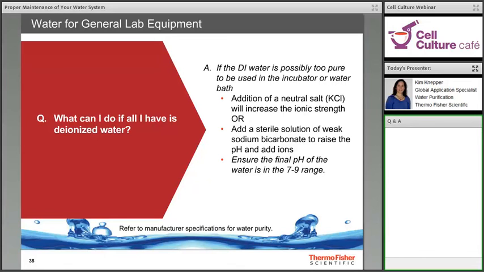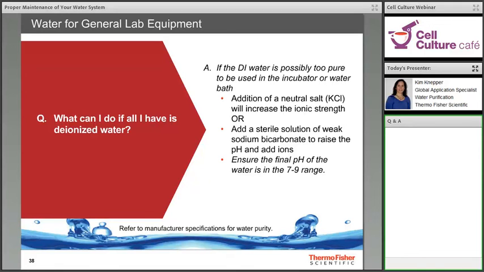But another better option would be to add a sterile solution of weak sodium bicarbonate to add ions in the water to decrease that aggressive nature of the pure water. And it will also bring the pH between 8 and 9, which will tend to be non-corrosive. For example, a 0.001 molar solution of bicarbonate will give you a pH of 8.27.